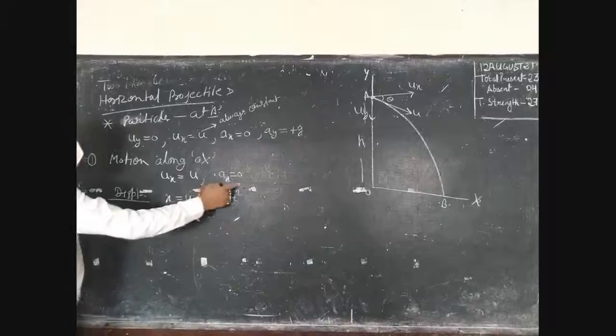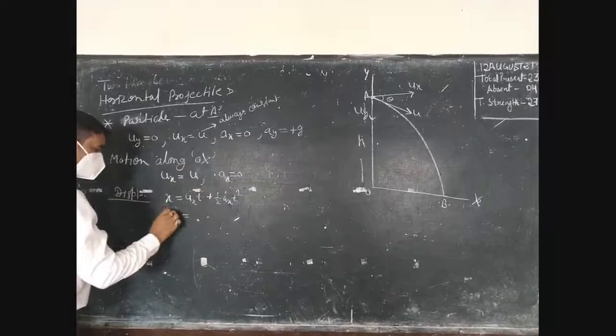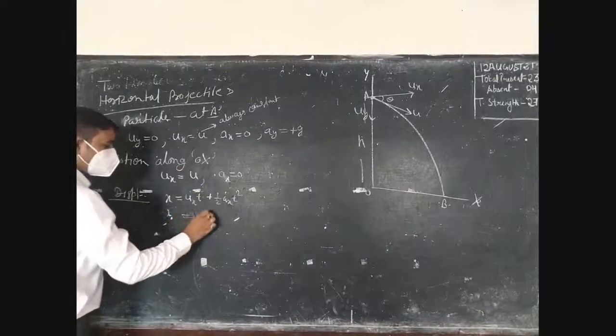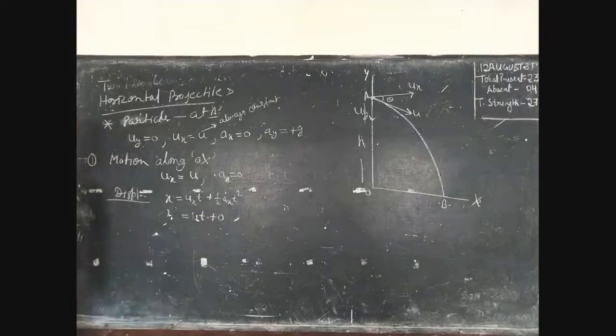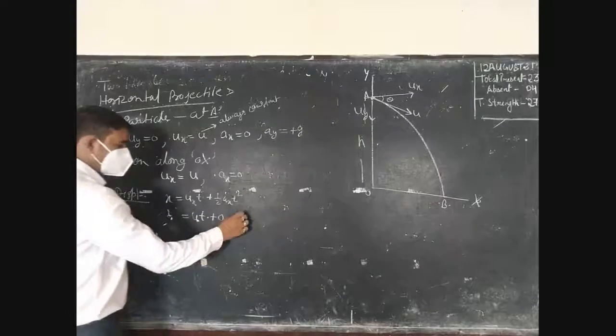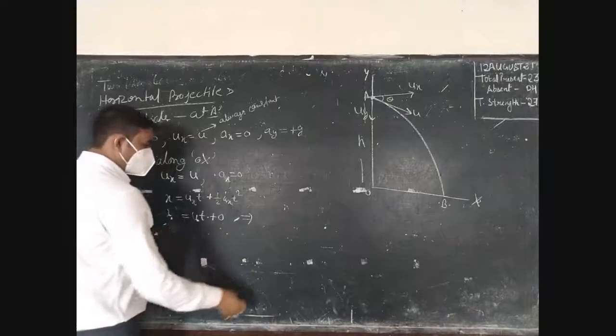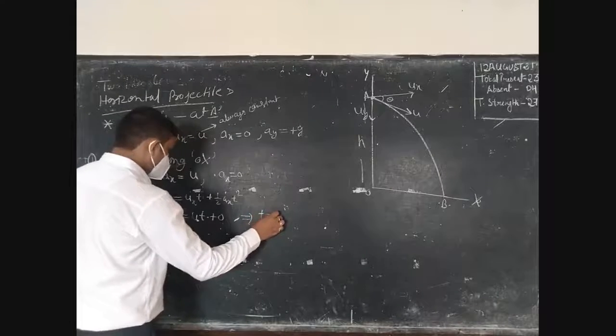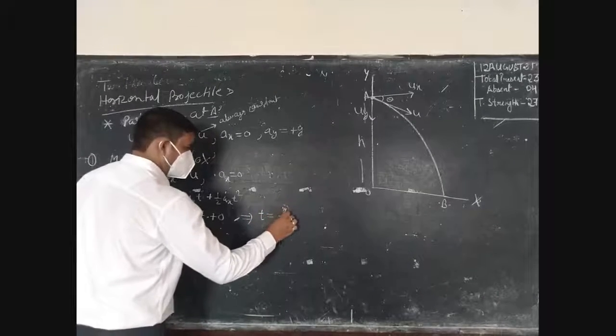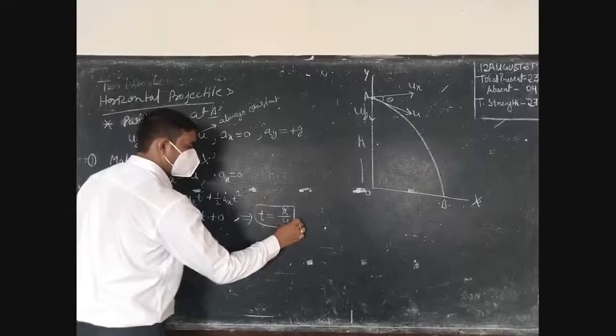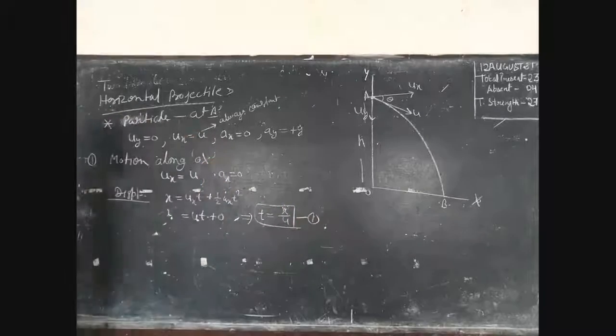By putting in these values, we get x equals ut plus 0. Now calculate t from here: t is equal to x upon u. Let's call this equation first.